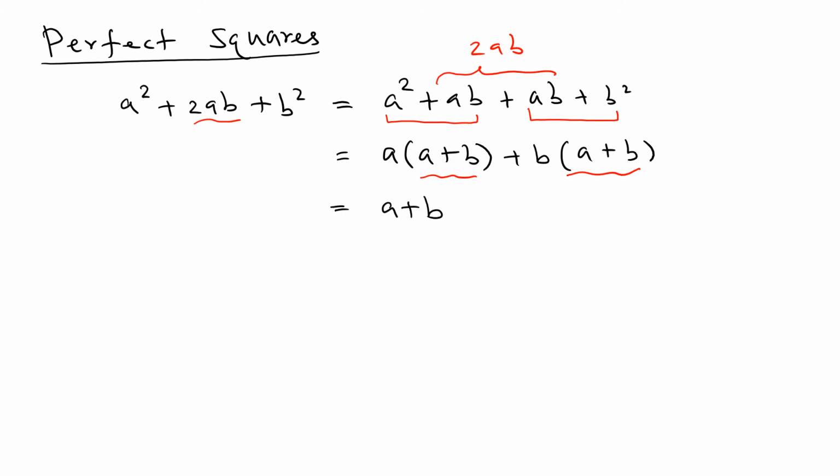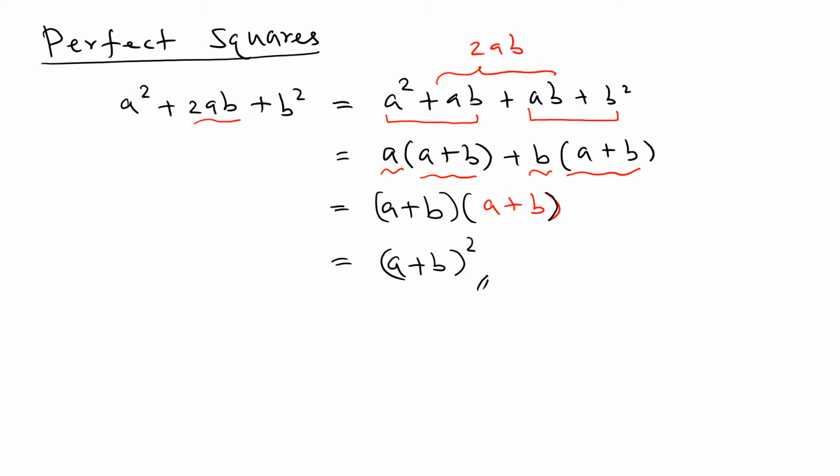Once you take the common factor out, from the first one you get a, and from the second one you get b. Now you can see this is the exact same term, so you can write this one as a plus b whole thing squared.